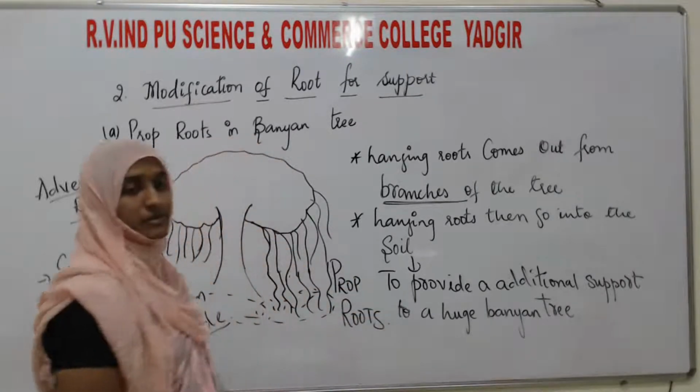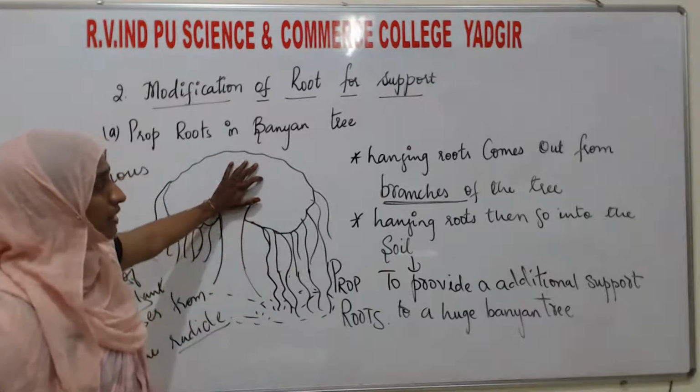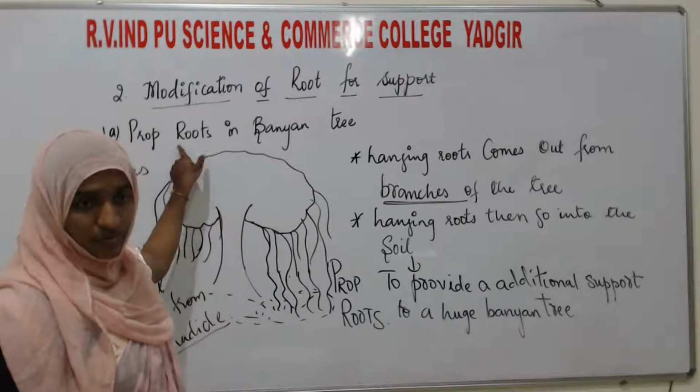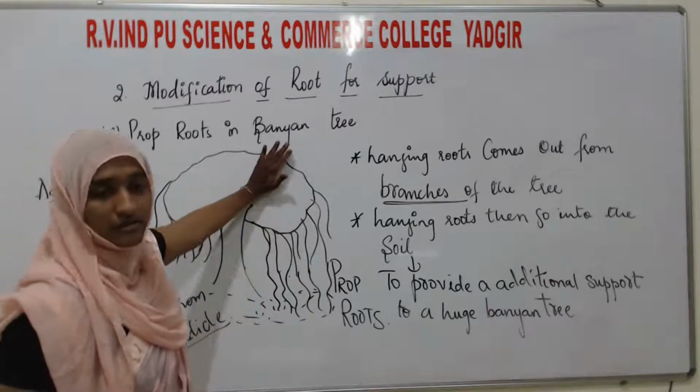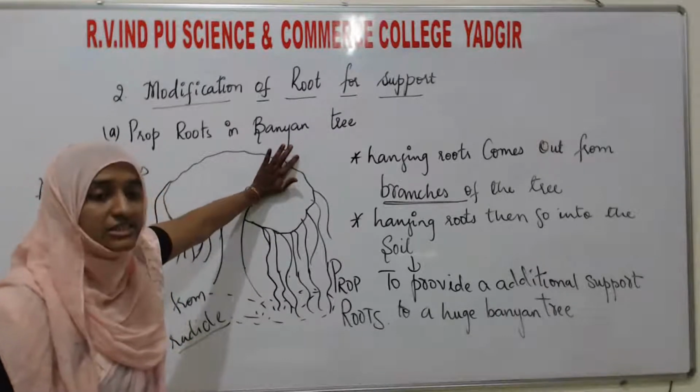What is it known as? Prop roots. So here, for support, we have taken one example, the prop root in the banyan tree. The banyan tree is so huge that it requires additional support.